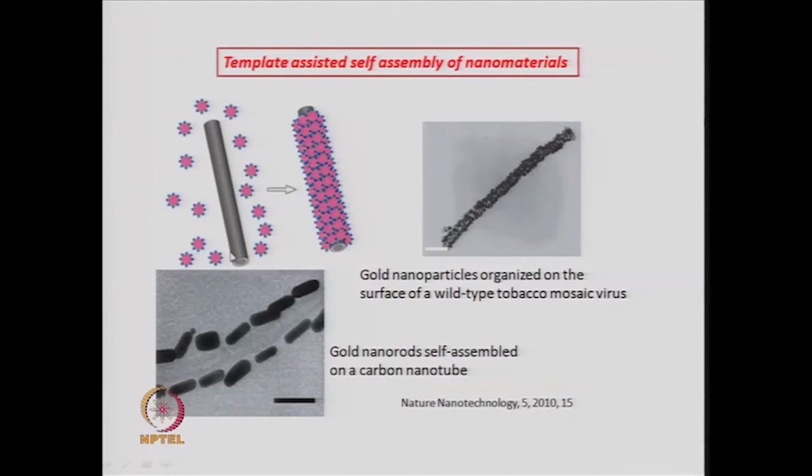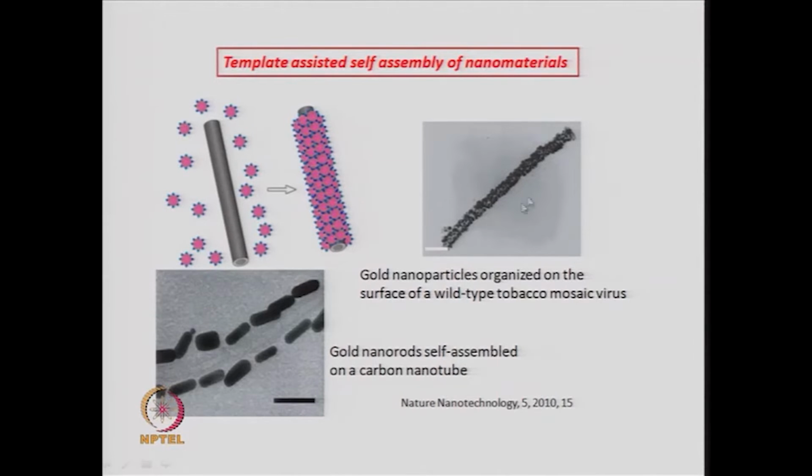It can be a carbon nanotube or any other kind of rod. So, if you have an iron oxide rod, you can have this kind of self assembly. So, these particles form a structure on top of the rod. So, then the initial rod is the template on which the self assembly is taking place.